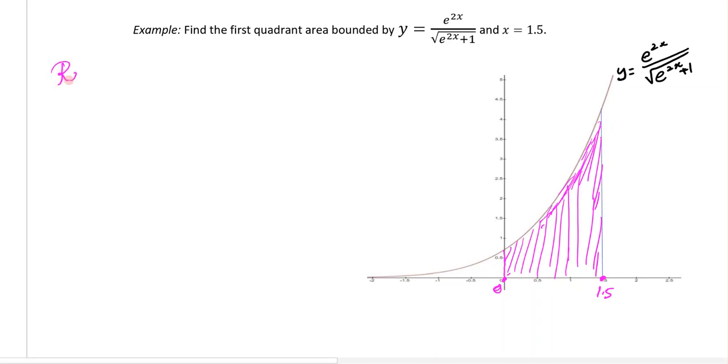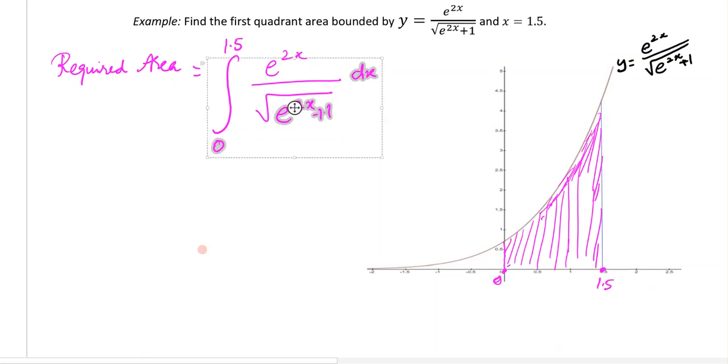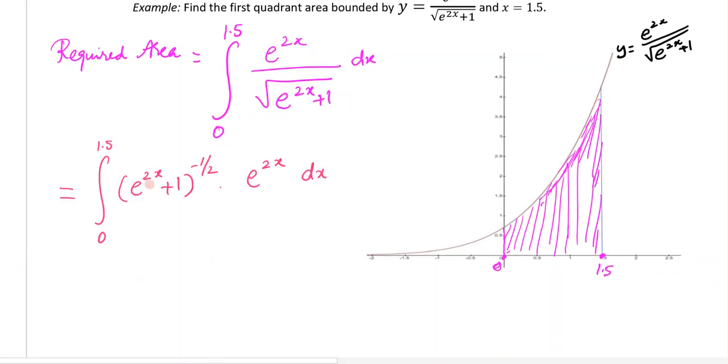So the required area can be found by the integral of this function y, which is e raised to power 2x over square root of e raised to power 2x plus 1, dx, and the limits will be from 0 to 1.5. Again, we notice that we have something in the denominator, so I'm just going to rewrite this function so that we can see it as a power function.